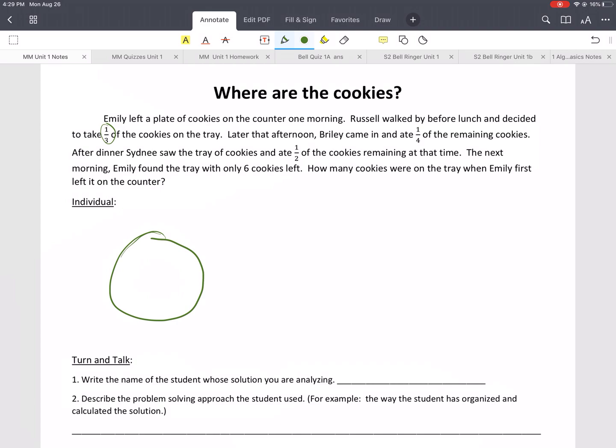So we have this 1 cookie, and Russell took off 1/3 of it. And then from what's left, this part, Brindley took 1/4 of that. So now this is what's left. And from there, Sydney ate half. So we're going to cut that into half. Okay. And the next morning, Emily found 6 cookies left. Okay. So how many cookies were on the tray when Emily first left it on the counter?